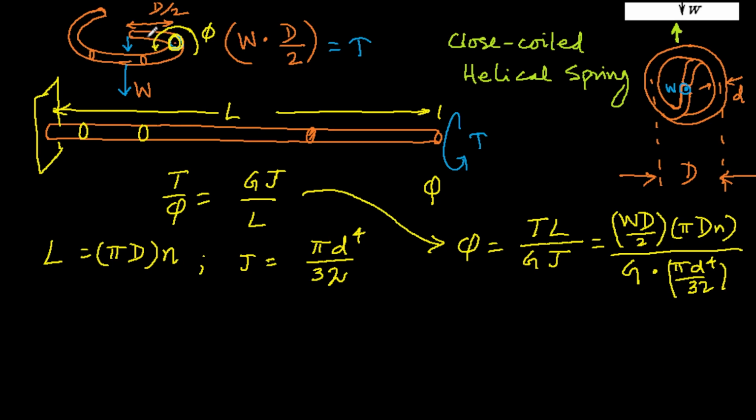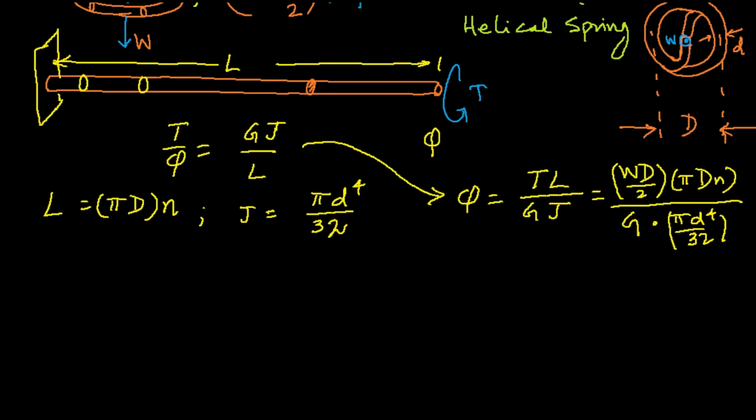So r means this d over 2, so that is your displacement, right? So if the linear displacement is x, which will be nothing but the phi which we have got times d over 2, right?